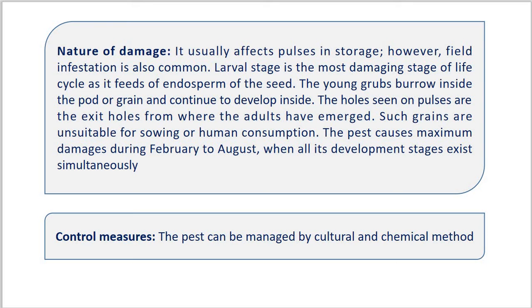Here the gunny bag should be treated with 10% malathion solution. As I already told you, we have to properly store the grains in gunny bags or plastic bags, and such bags should be well fumigated or treated with 10% malathion solution.